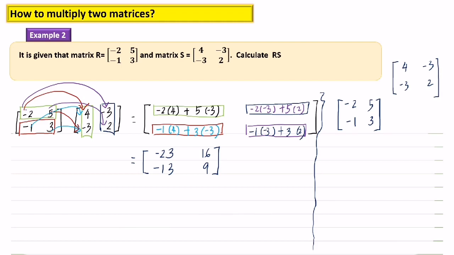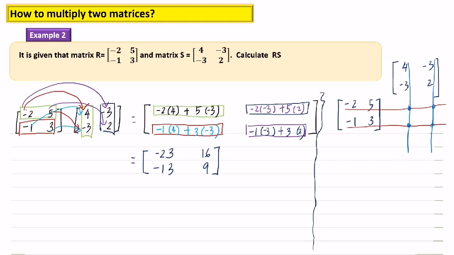And you draw the lines. This is first row, this is second row. You also draw the lines from here, first column, second column. So you obtain 4 numbers here.